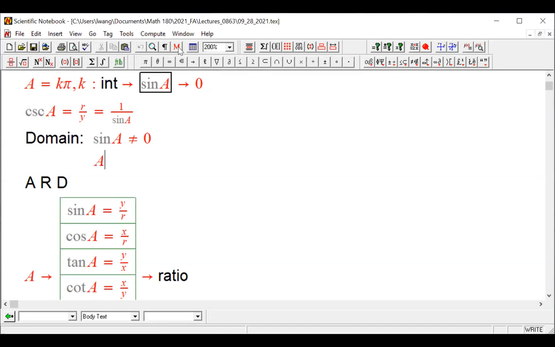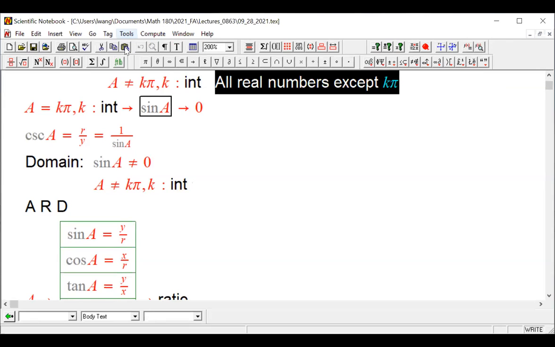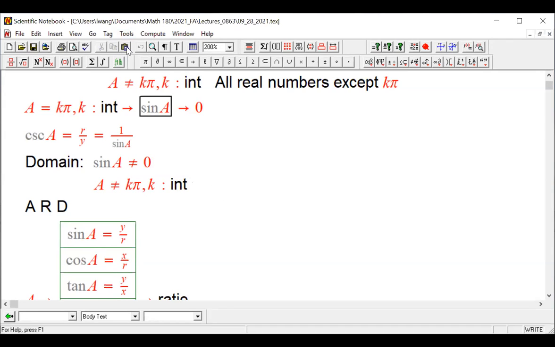Therefore, A cannot be what? K pi. That's right. Great job. So all real numbers except k pi for cosecant.